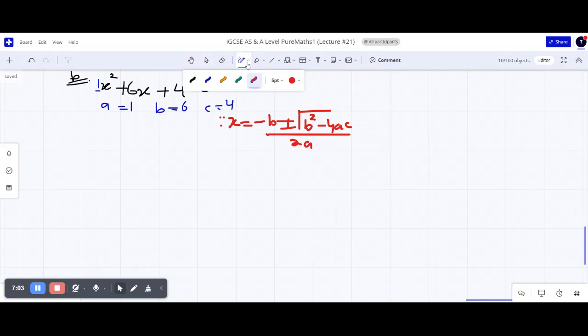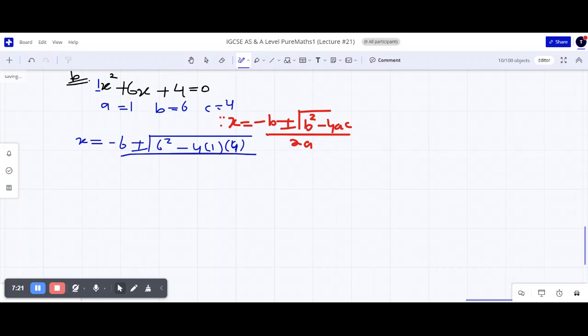Let's substitute the values: x equals minus 6 plus minus root 6 squared minus 4, a is 1 and c is 4, divided by 2 times a, which is 1.